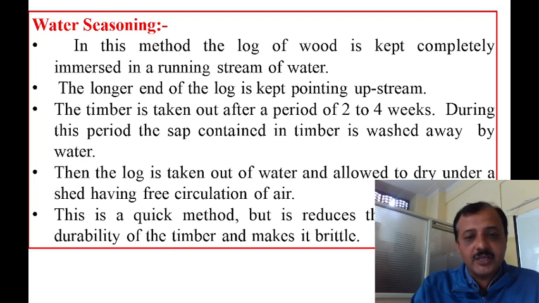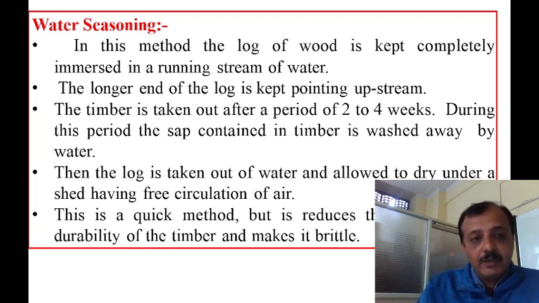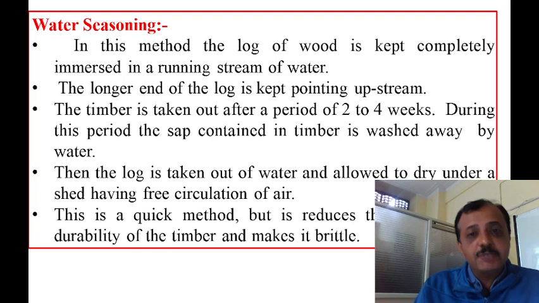Then the log is taken out of water and is allowed to dry under a shed, having free circulation of air. This is a quick method, but it reduces the elasticity and durability of timber, and this method makes timber brittle. This method is called water seasoning.